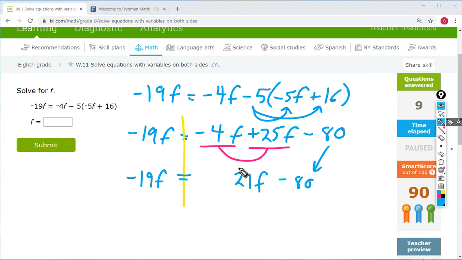So I might as well bring this term over here so that in the end, on the left side, I will only have an f term, and on the right side, I will only have a non-f term. So there's an invisible plus sign here, and the inverse of addition is subtraction, so we'll subtract 21f from both sides.